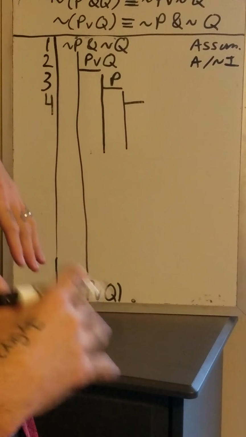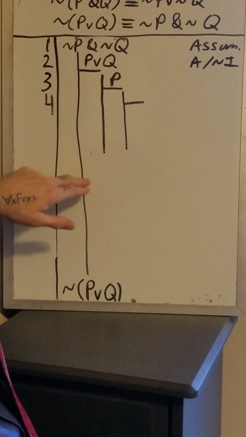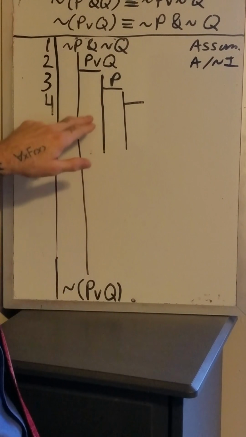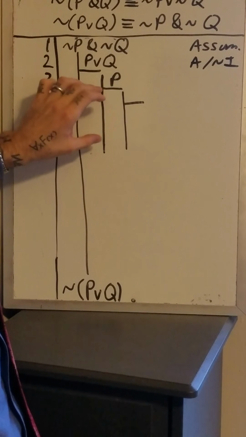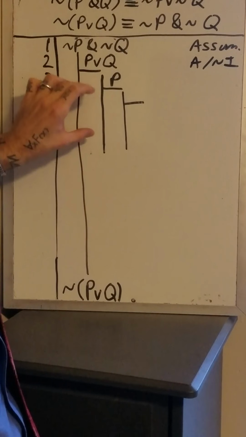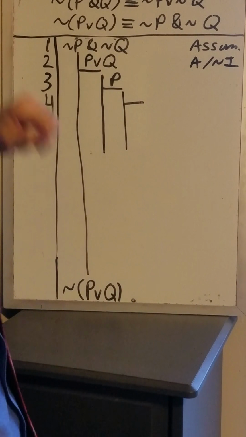So let's see, I'm actually a little bit stuck here on this one, trying to think about how to go forward, because we have a contradiction, right? But the question is what we want to bring out of here, what it is that we want to get out of this subderivation in order to establish a contradiction. So one way we could do this is to show that we get P. Yeah, here's an idea.